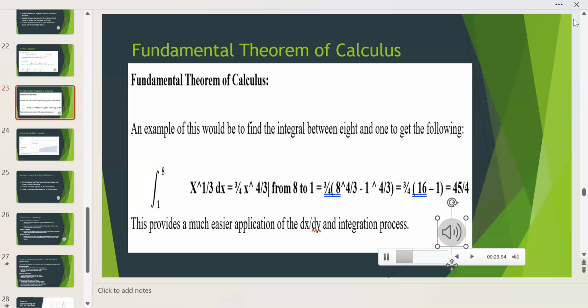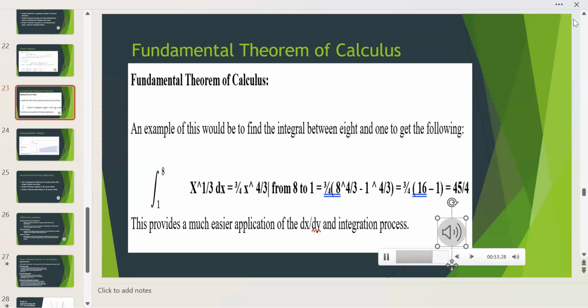That's the actual function. And so we take the antiderivative, which is 3/4 x raised to the 4/3 from 8 to 1, which is 3/4 times 8 raised to the 4/3 minus 1 raised to the 4/3, which is equivalent to 3/4 times 16 minus 1.